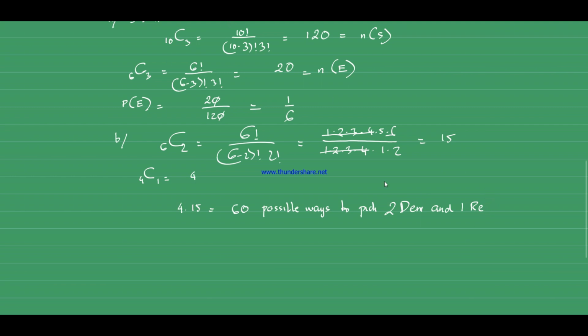Okay. So this one gives you the event set. Actually, the sample space is right here.